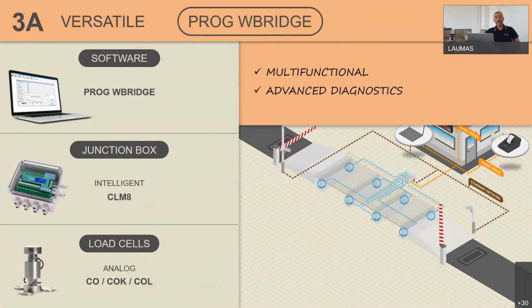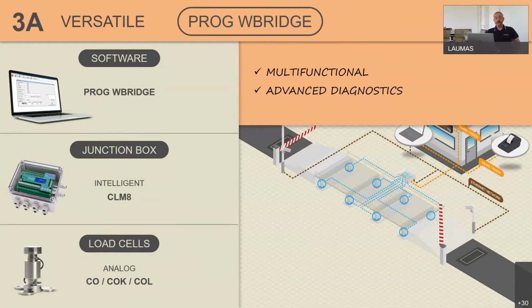This kind of configuration is very simple and extremely versatile because, as we will see later, our new software grants advanced features and opportunities that cannot be offered by our indicators. Just a side note about this kind of setting.